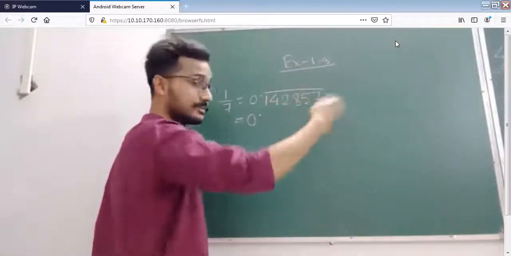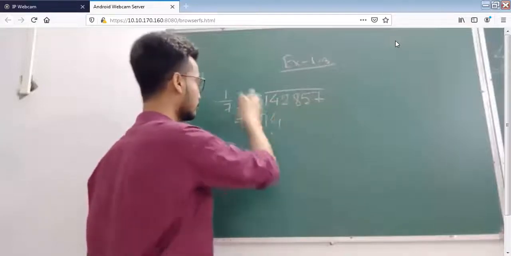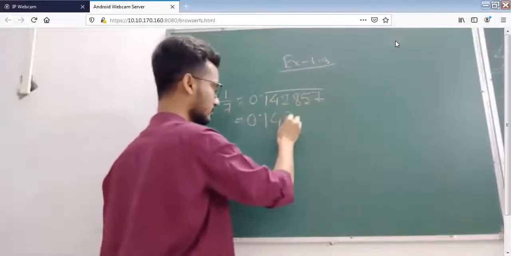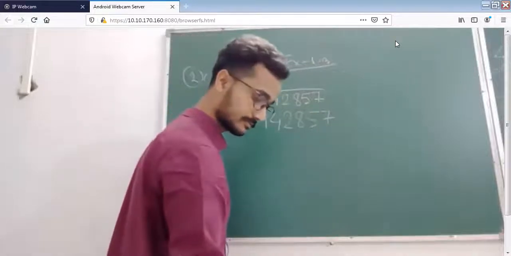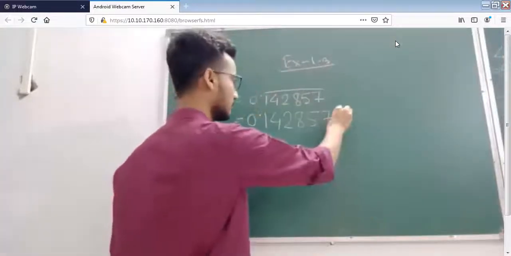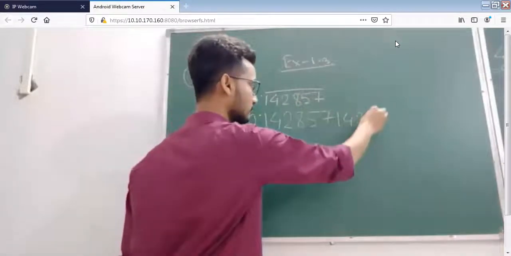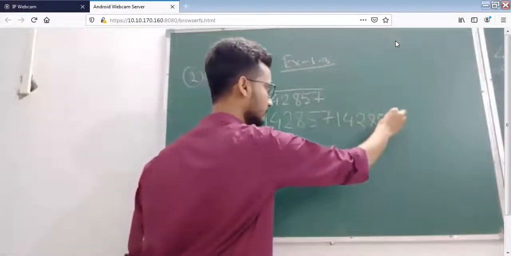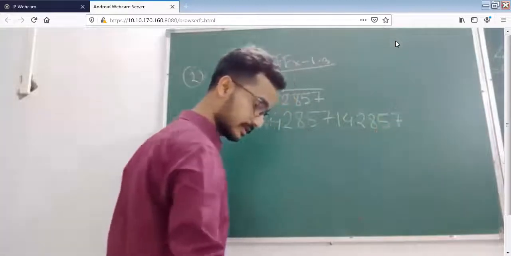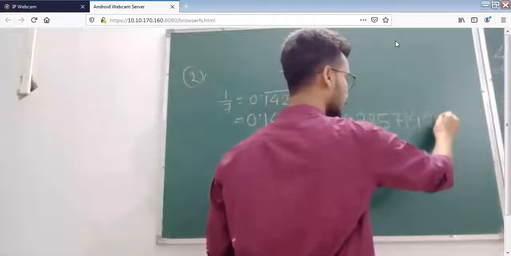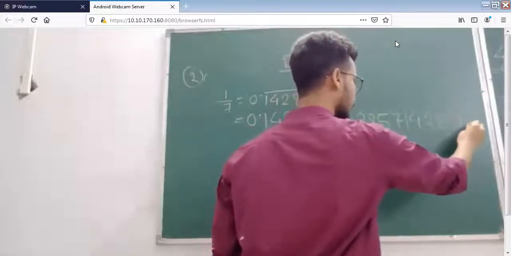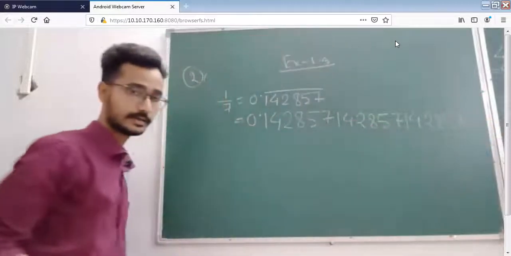That means like this: when you divide 1 by 7, it will be 0.142857, then again 142857, then again 142857, up to infinity. Clear about this?